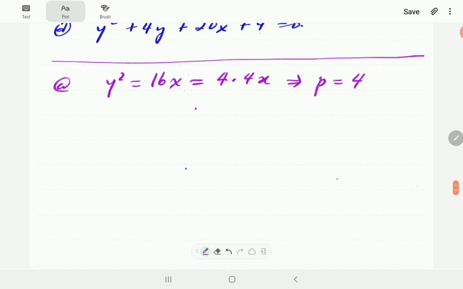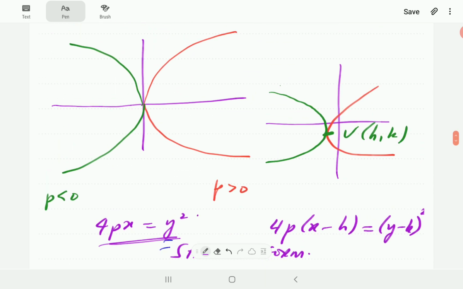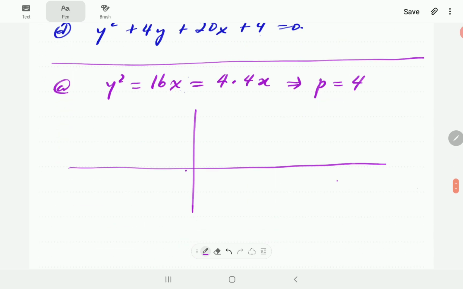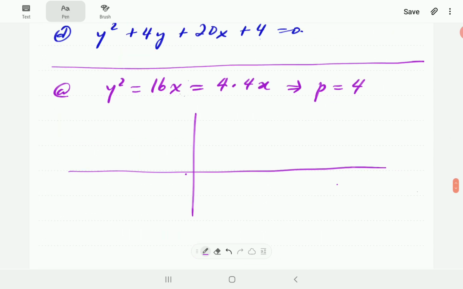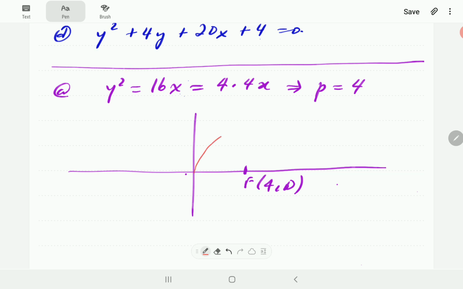We've already established that the vertex is at the origin because of this form. So the vertex is at the origin, p is positive, which means the focus is at (4, 0), and since p is positive, the parabola opens to the right.